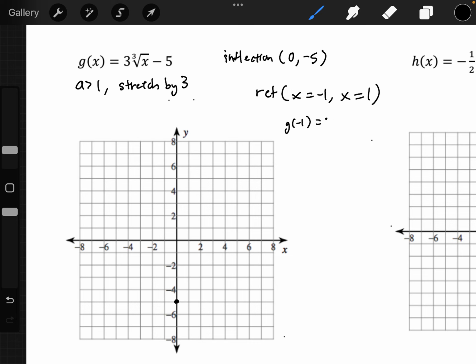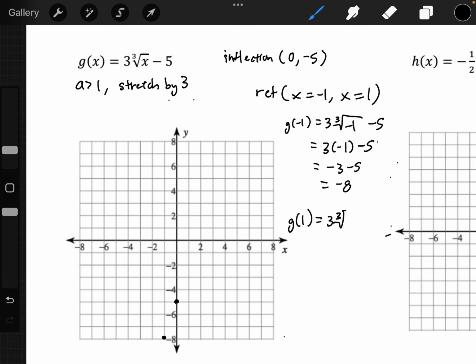So when x equals +1, we have g of x is equal to 3 times the cube root of -1 minus 5. The cube root of -1 is -1. So we have -3 minus 5, which equals -8. So when x is equal to -1, y is equal to -8.